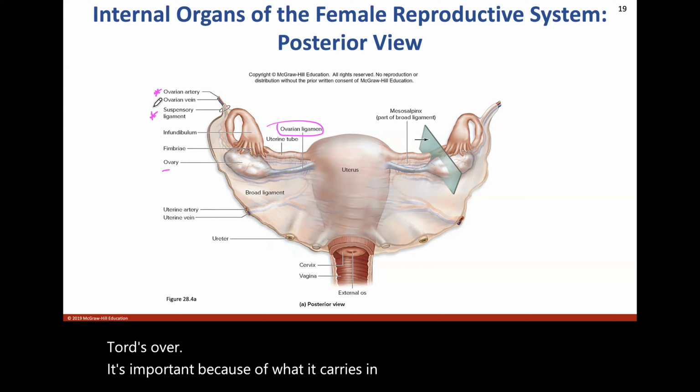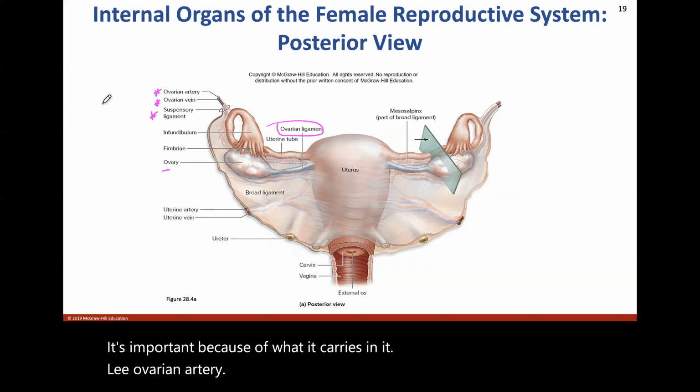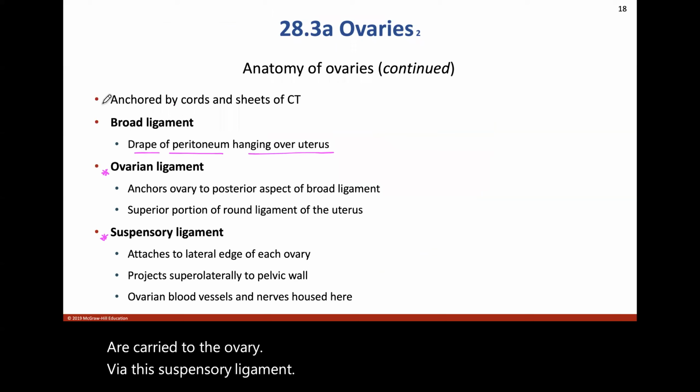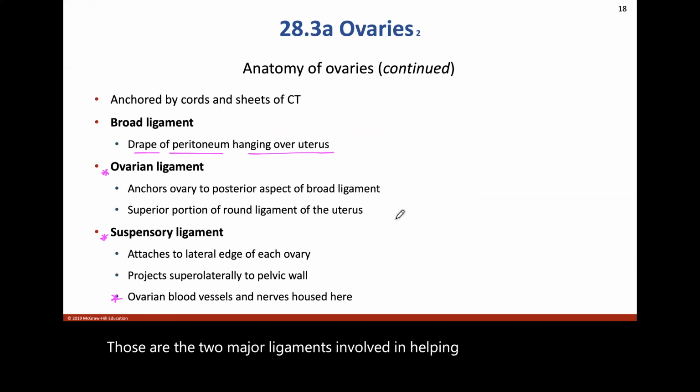The ovarian artery and the ovarian vein are carried to the ovary via this suspensory ligament. Those are the two major ligaments involved in helping to hold this ovary in proper position.